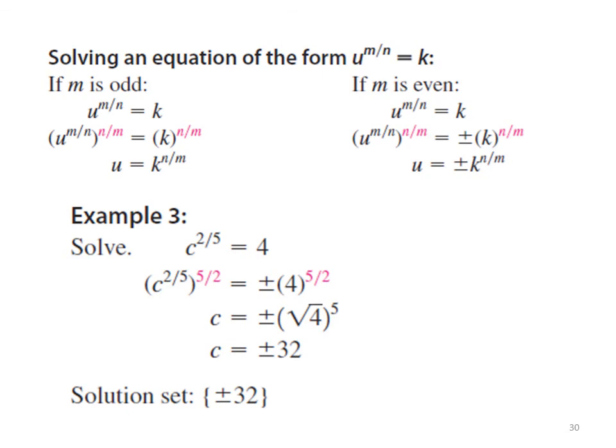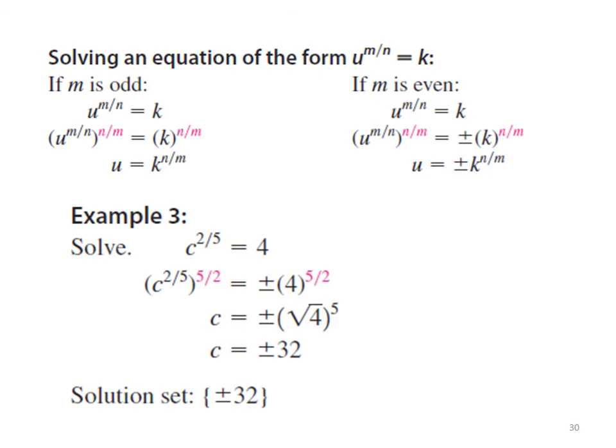Raise both sides to the power 5 over 2, but because m is even, which is 2, you will get two solutions: minus or plus 4 raised to the power 5 over 2. We have raised both sides to the same power, 5 over 2, and because m is even, you have two solutions: minus or plus, the right hand side raised to the power 5 over 2.